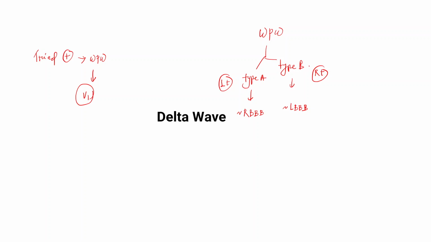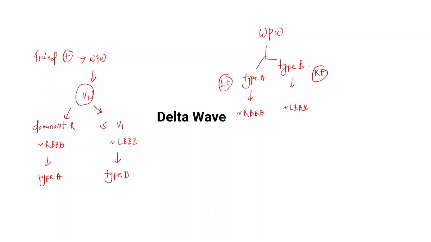If V1 has a dominant R, as I have already told, that means this is similar to RBBB pattern. That means it is WPW type A. If you are getting a dominant S in V1, that means it is similar to LBBB pattern. So that is type B.